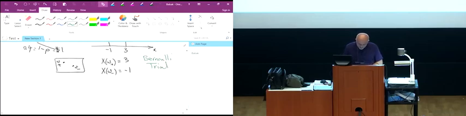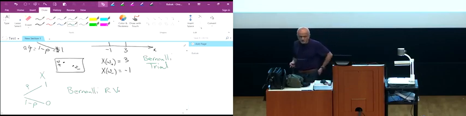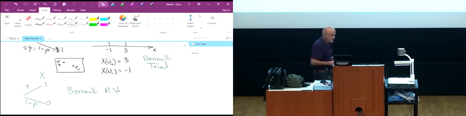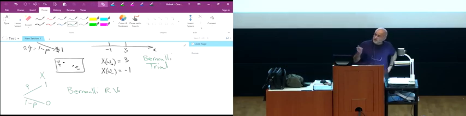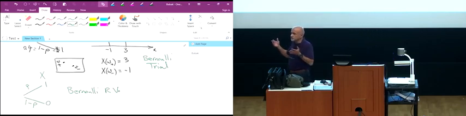Strictly speaking, a Bernoulli random variable is defined this way: it takes on the value 1 with probability P, and the value 0 with probability 1 minus P. I'm going to keep using RV for random variable from now on. If you have a succession of coin tosses and you add up these random variables for each toss, what do you get?